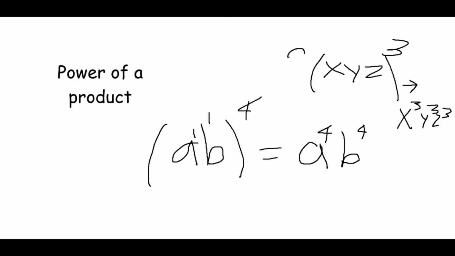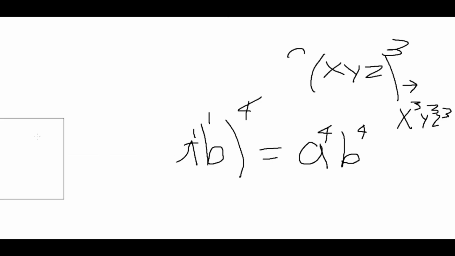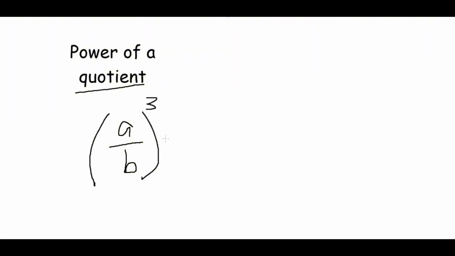Next up, we're going to do power of a quotient. How power of a quotient will look is, first we're going to get our quotient, which is a divided by b, and we'll put it to the power of, for example, 3. Now, like we did with the power of a product, we're going to distribute our 3.